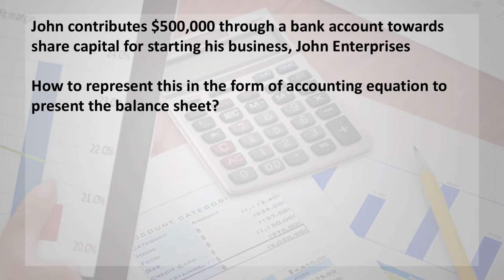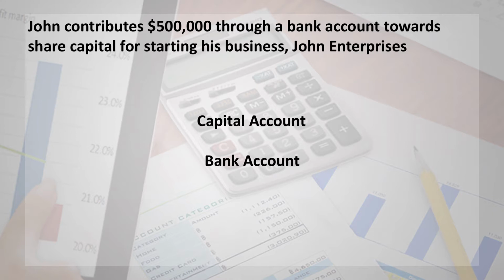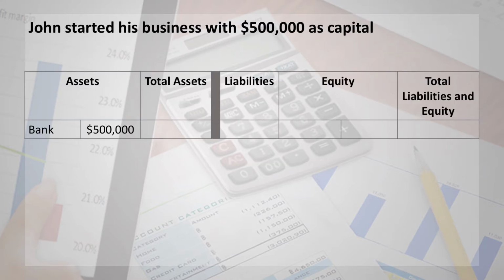How do we represent this in the form of an accounting equation to represent the balance sheet? The transaction involves two elements in the balance sheet: one, the capital, and the second, the bank account. John deposited the money into the bank and hence it affects the bank account.